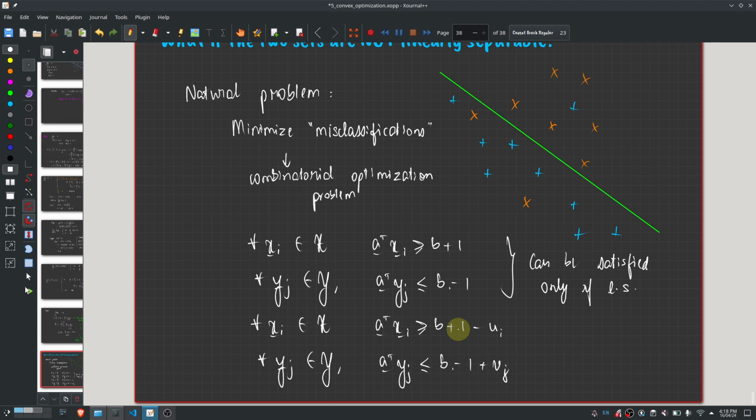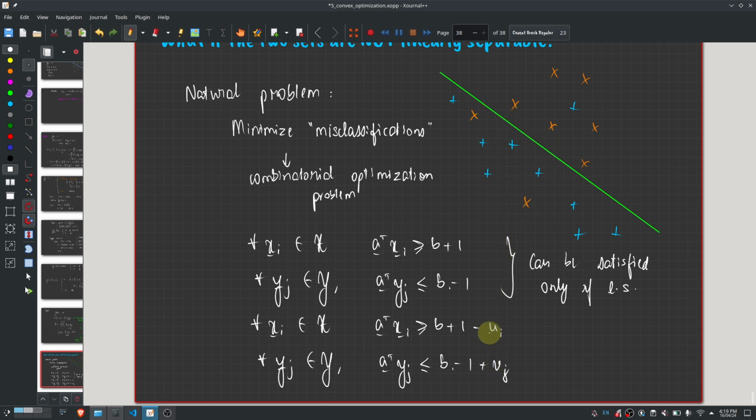Obviously if I allow any ui and vj greater than 0, then it's certainly possible to satisfy these conditions. If they are linearly separable, then I can choose ui and vj to be exactly 0. But if they are not linearly separable, there would be some ui and some vj which satisfy these, correct?